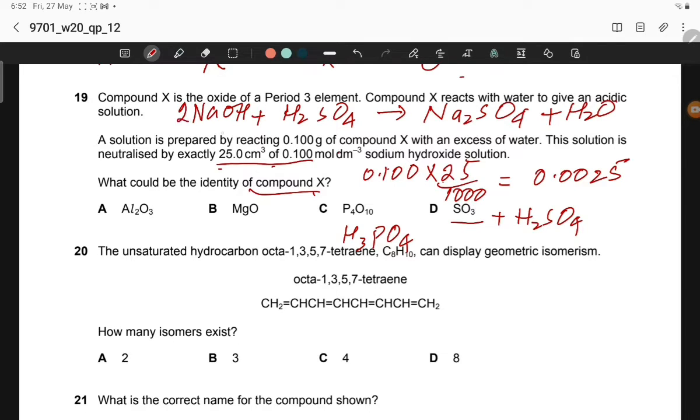The ratio of H2SO4 to NaOH is 1:2, so the moles of X are 0.0025 divided by 2, which is 0.00125.